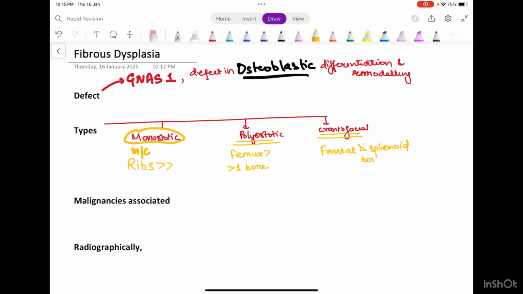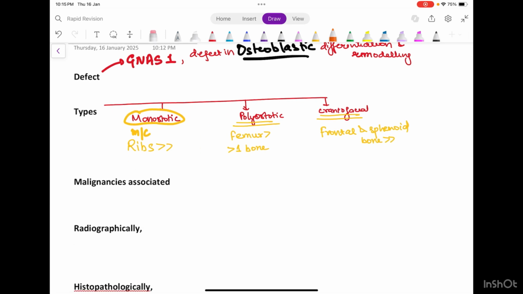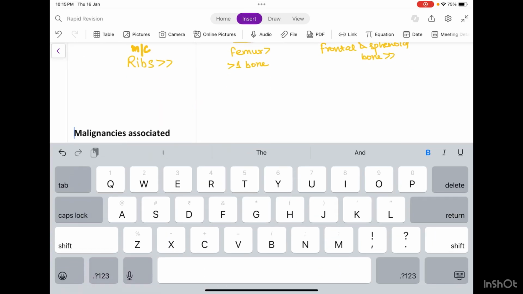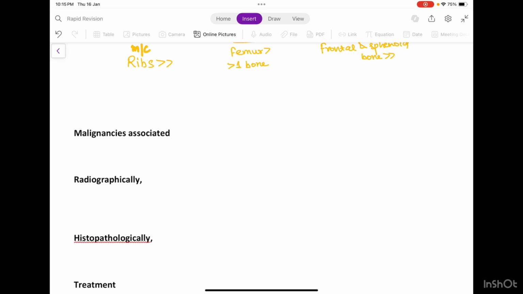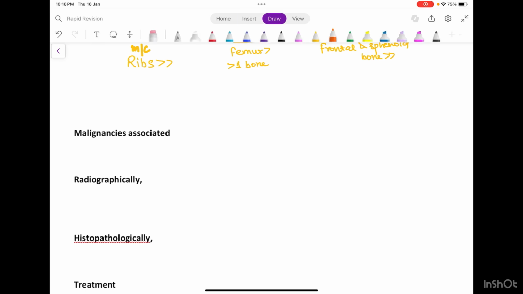Now there are many types of polyostotic fibrous dysplasia, which I will be talking about now. The first one being Jaffe Lichtenstein syndrome.